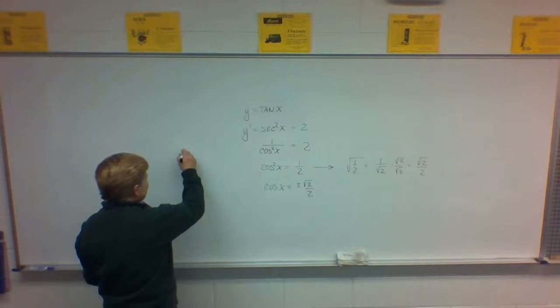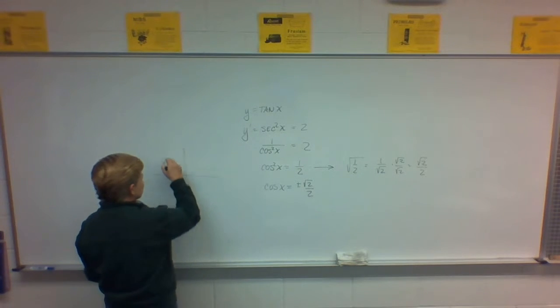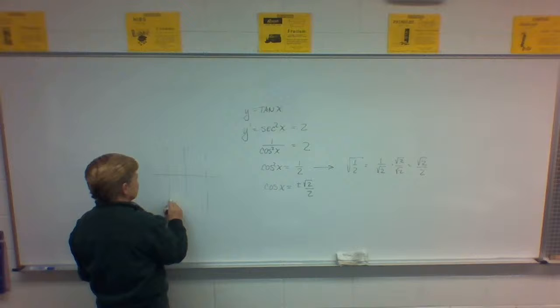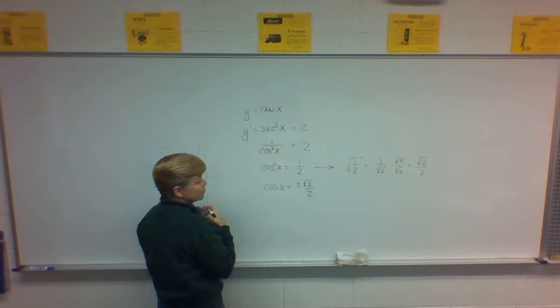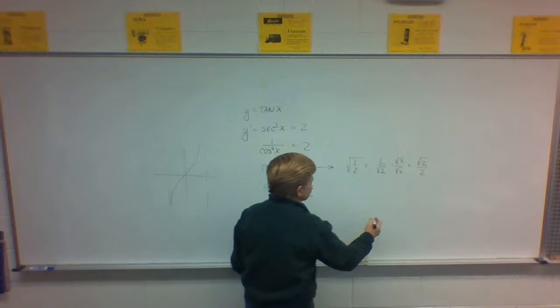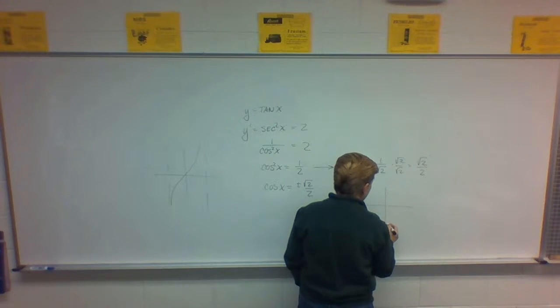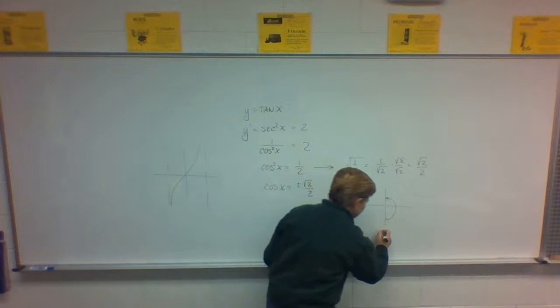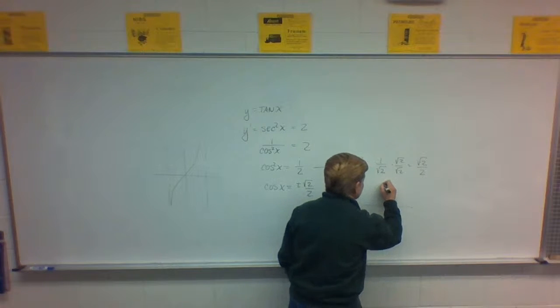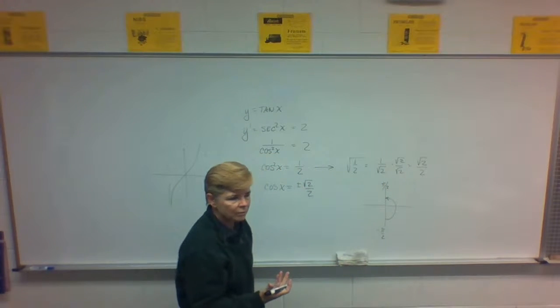Now, on a graph for the original function tangent, that would be between here and here. But for this part of it, it's easier for me anyway, personally, to think of it as I'm only allowed to look from here to there for answers, because this is negative pi halves, and this is pi halves on the unit circle. I just tend to think that way better.